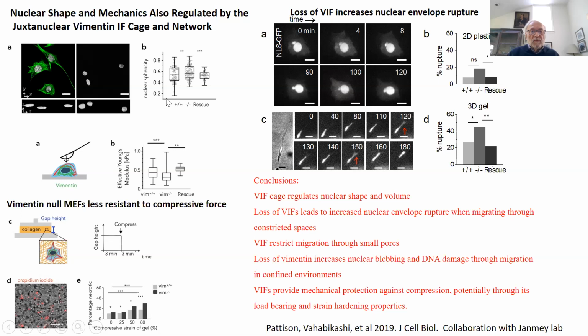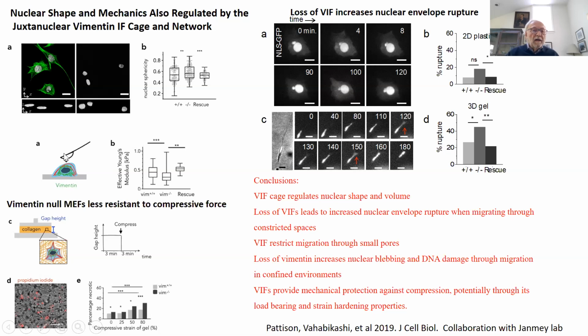And we do this by using Vimentin wild type MEFs and also Vimentin knockout MEFs. And we could show that the shape of the nucleus is significantly altered when we remove the cage of Vimentin, and when we put it back by rescuing, it goes back to the normal flattened, elongated shape.